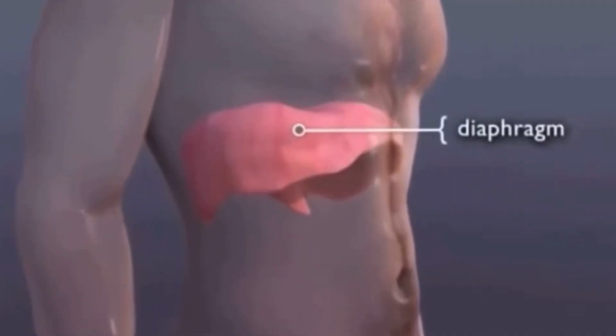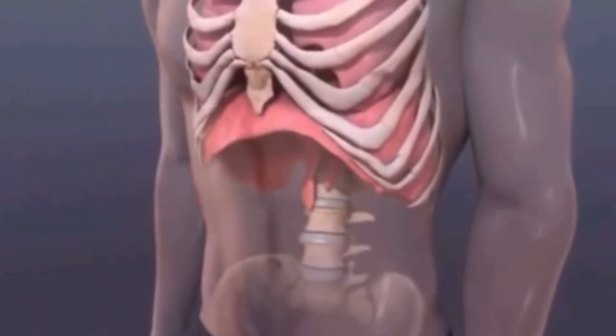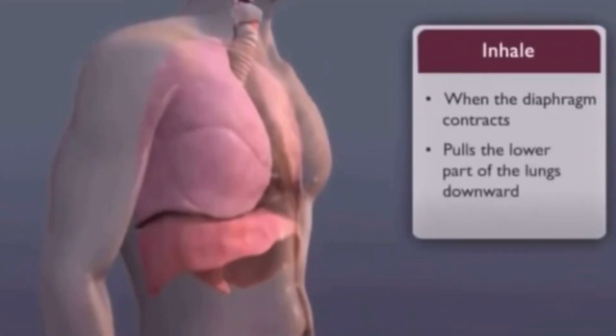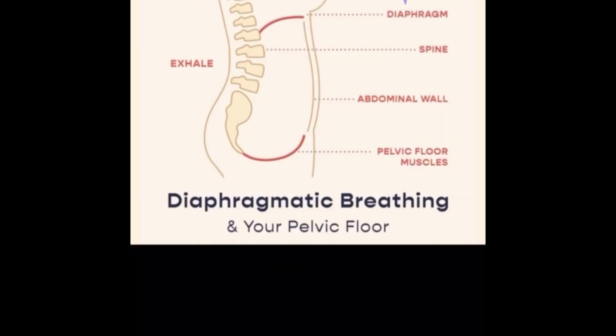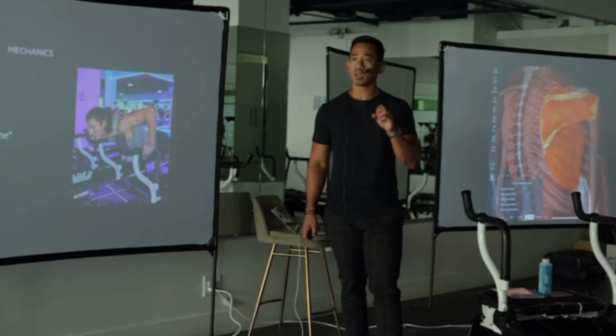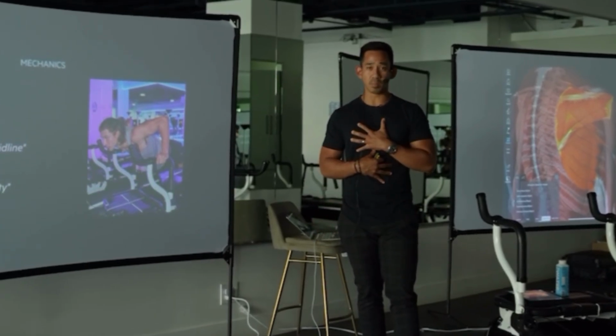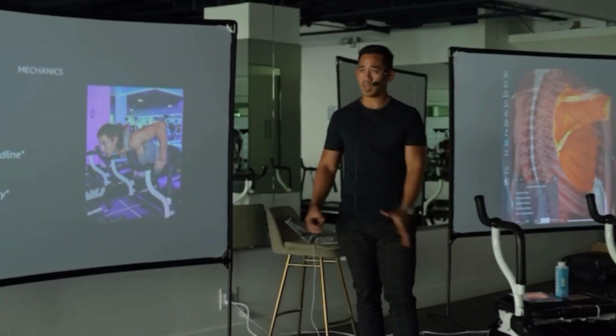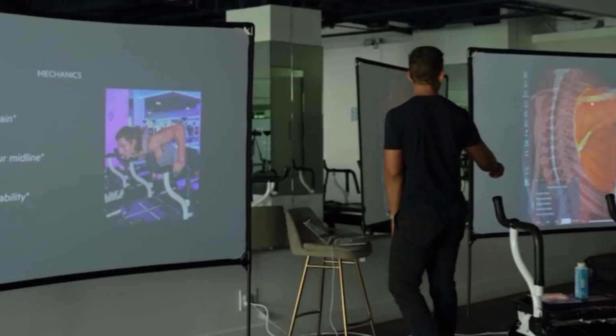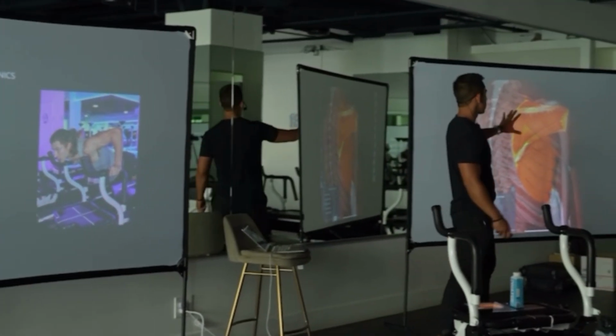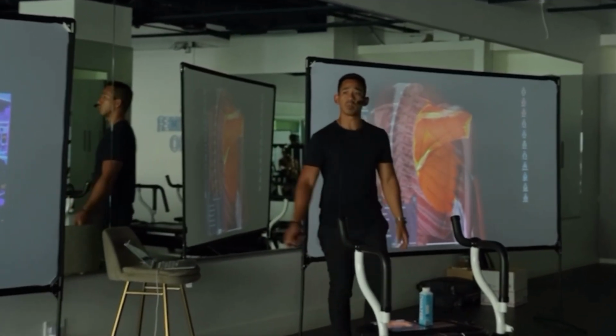Diaphragm muscle. There's a saying that we want proximal stability for distal mobility. That shoulder blade that we talked about here has to create stability along the rib cage for that ball and socket to be able to move.